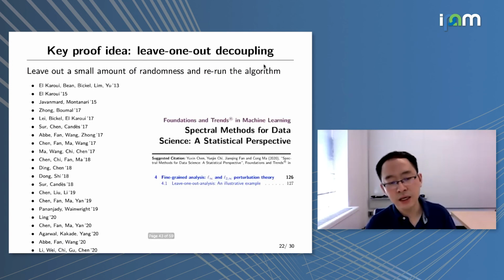This is a strategy deeply rooted in probability theory, random matrix theory, and statistical physics as well, which we have used recently to tackle a variety of different problems, from spectral methods and non-convex optimization to, recently, reinforcement learning.